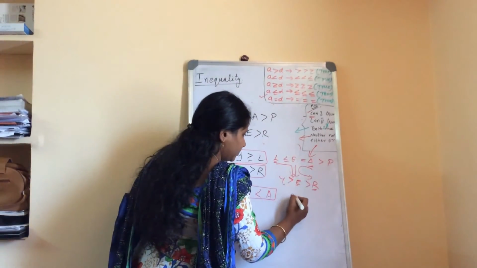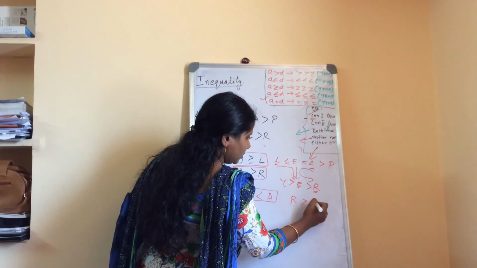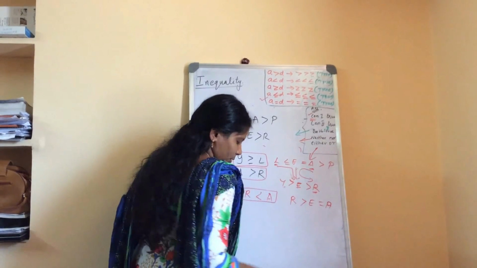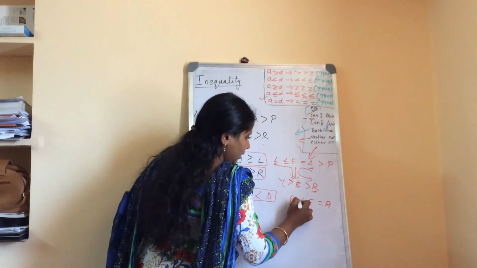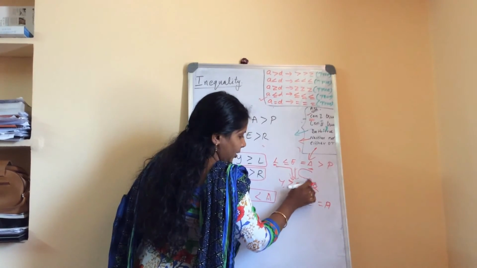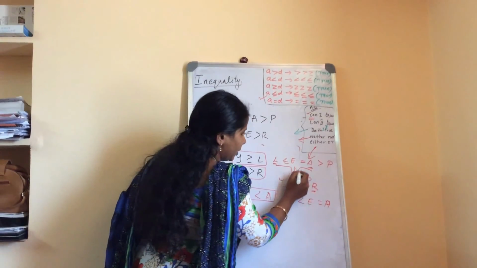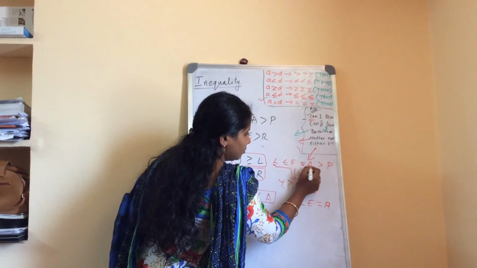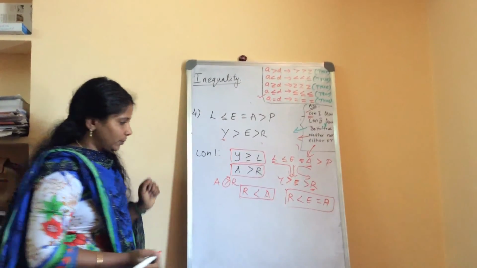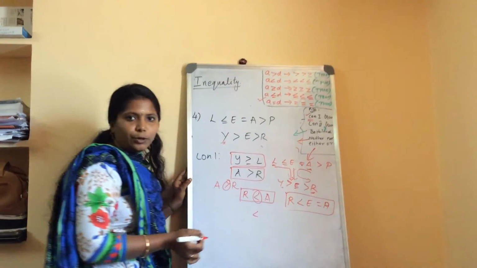See, R less than E, equal to A. Since it is in a reversed direction, I changed the symbol of greater than to less than, and from here I go to the equal to symbol and A. I have written the statement for this conclusion. Okay, let's check. Less than means it will go for rule number 2.